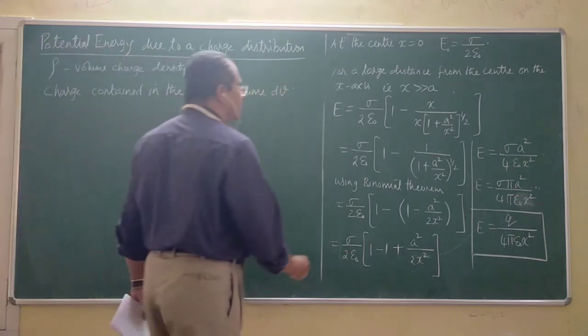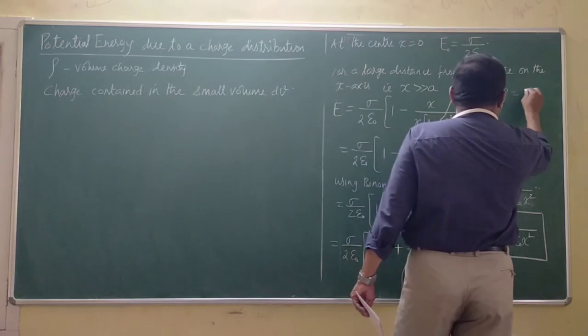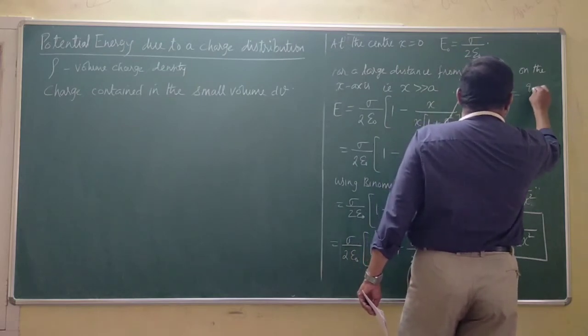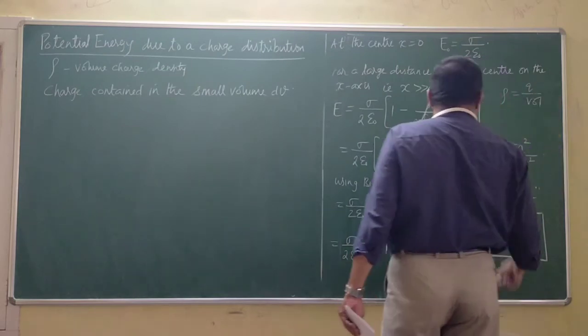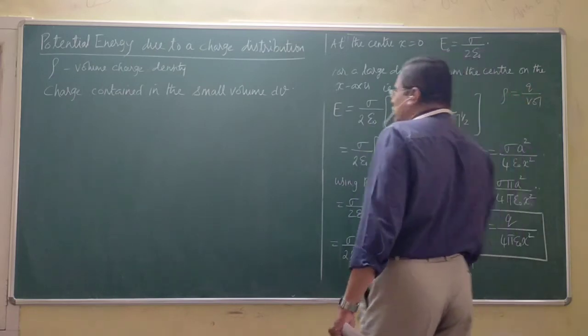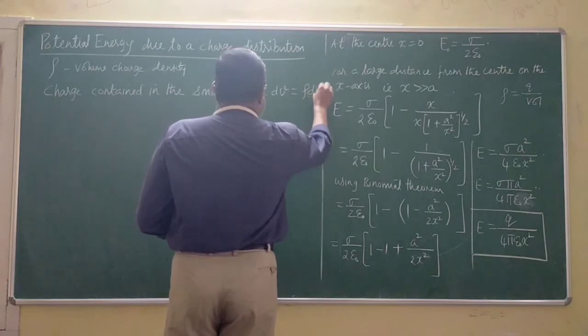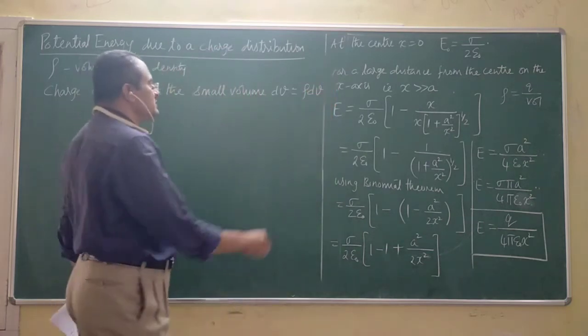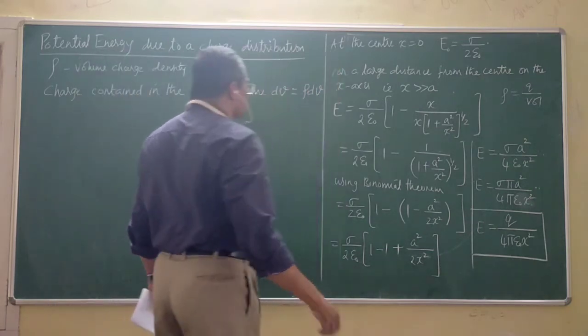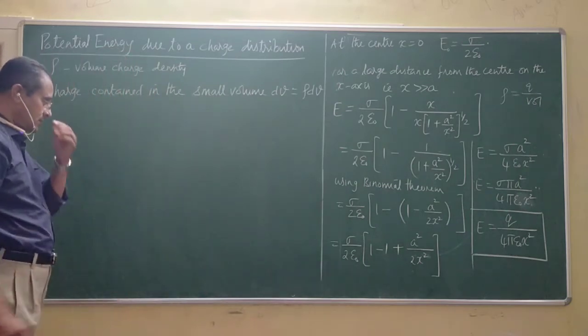As I said, rho is charge by volume. Therefore, charge is rho into volume. Therefore, this will give me rho into small dV. Is that clear to you?